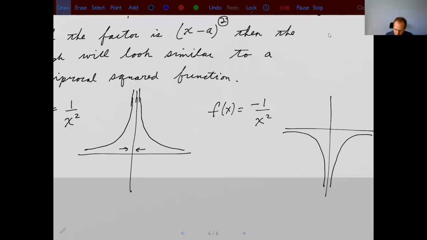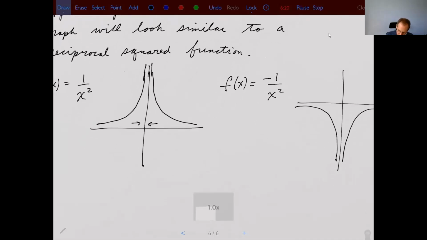Okay, and then the other thing is what happens near the horizontal intercepts. And that's similar to what we saw with polynomials. Okay, so I'll write that at the bottom here. Actually, let me move this a little bit for you.